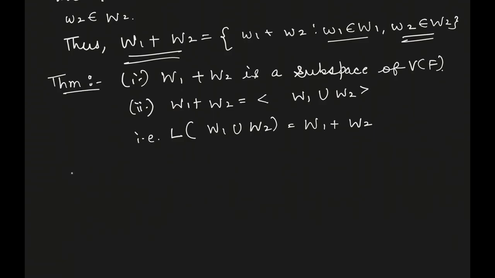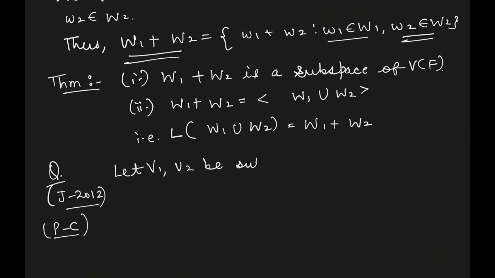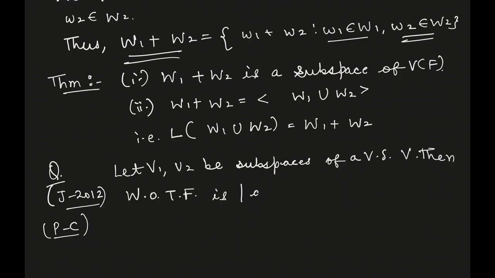Now a question on this only. June 2012 question, Part C. Let V1, V2 be subspaces of a vector space V, then which of the following is not necessarily a subspace of V?